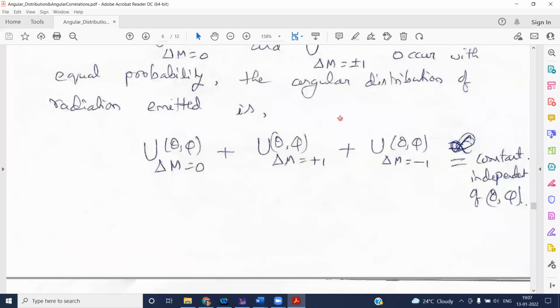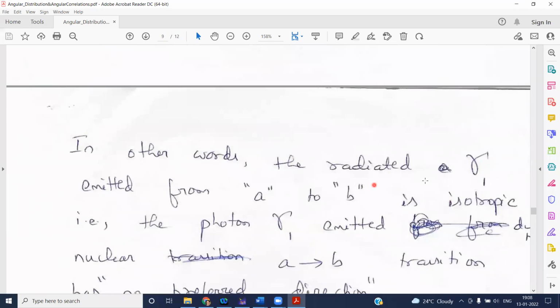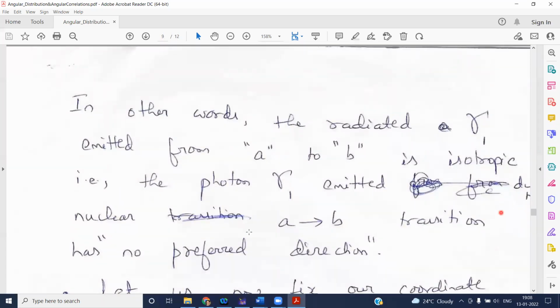The angular distribution of an electric dipole radiation is explicitly verified here. Now I will say radiation gamma 1 emitted from A to B is isotropic. That is, photon gamma 1 emitted in a nuclear transition from A to B has no preferred direction, and isotropic means there is no preferred direction.